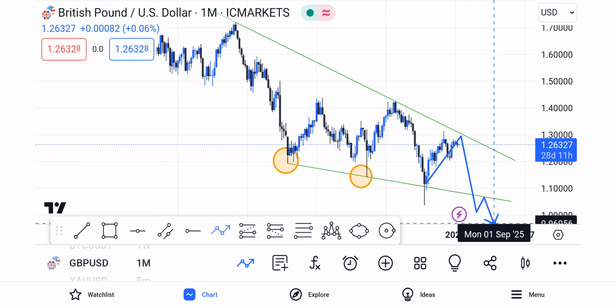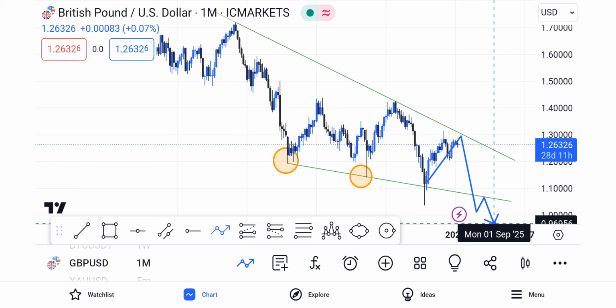So you notice that the broken support trend line now becomes our resistance trend line. So take note of that. A broken support area or a broken trend line area is likely to become a resistance area, and a broken resistance area is likely to become a support area.